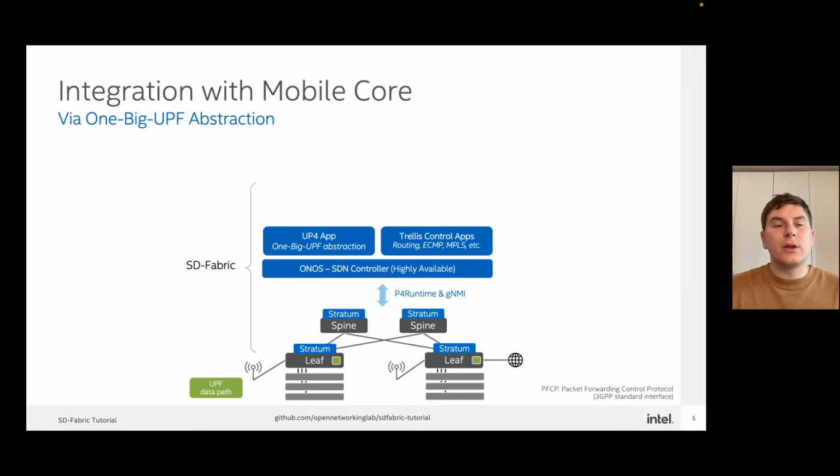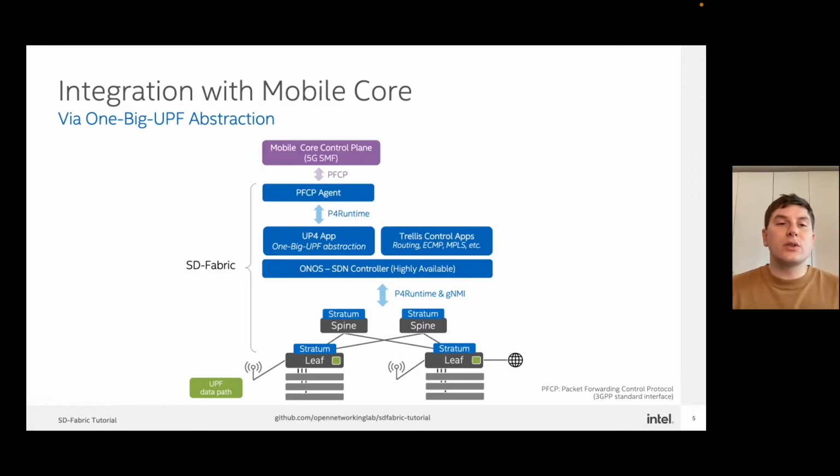And here we learn about a new app called UP4. UP4 provides what we call a one big UPF abstraction. So remember, because we use this distributed data path where multiple switches can actually perform the UPF function, we want to abstract this complexity from the mobile core control plane. And that's exactly the purpose of the UP4 application.